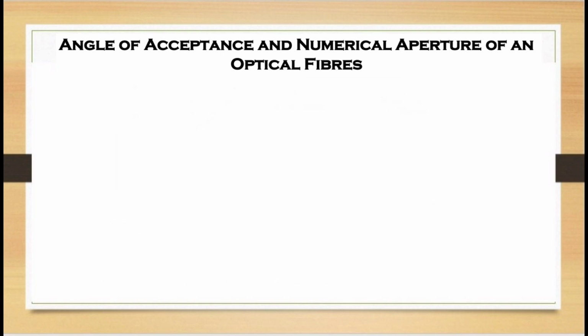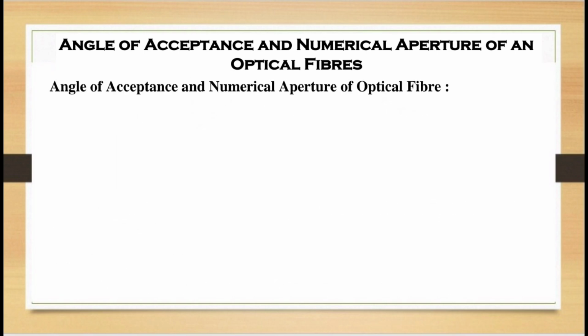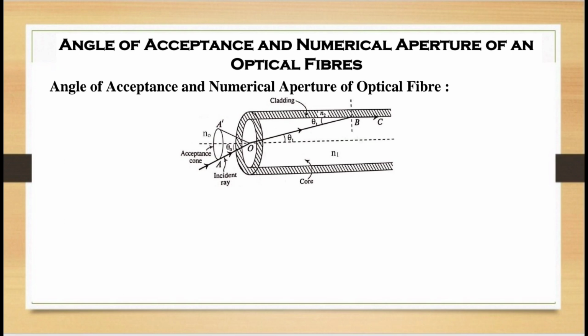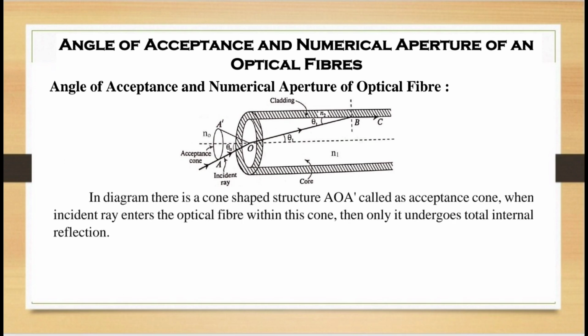Now come to the actual concept, that is angle of acceptance and numerical aperture of optical fibers. For that, let us consider the diagram. In diagram, there is a cone-shaped structure AOA' called as acceptance cone. When incident ray enters the optical fiber within this cone, then only it undergoes total internal reflection.